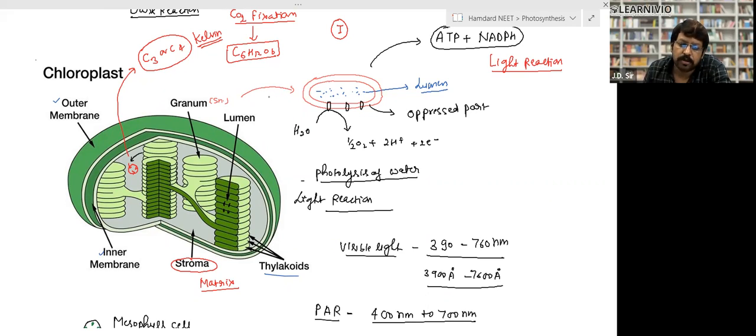Here I have shown the structure of thylakoid. The space inside the thylakoid is known as lumen, right? And in the lumen there are some small structures. These molecular structures which you can see, these embedded structures, are known as chlorophyll molecules, right?